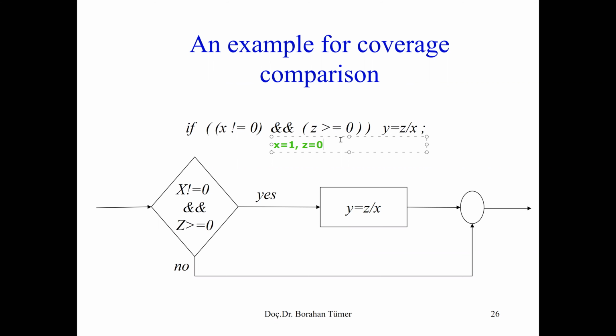Now, I will ask the next question. What is the minimum number of test cases that will provide a complete branch coverage criterion?